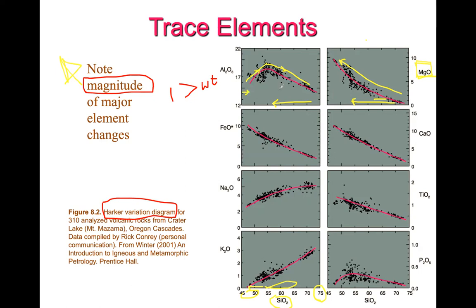If you take aluminium, probably aluminium is here like 13, 14 weight percent. That was at the beginning, while the magma was at 75 silica. But now in the middle, maybe like an intermediate composition here, the aluminum composition has increased up to like 18, 19, 20, let's say 20.